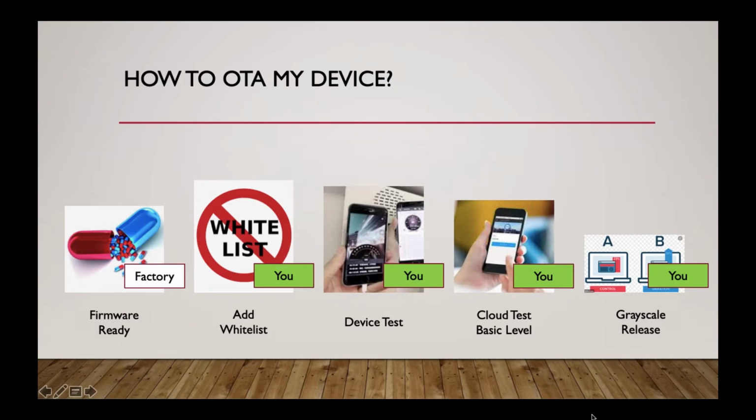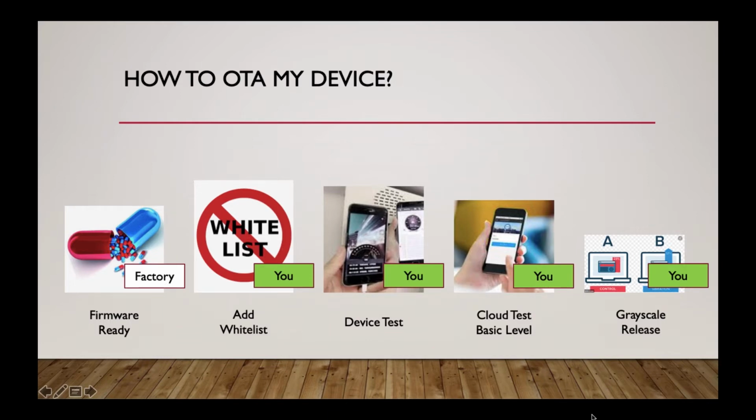It's a unique function of Tuya. After you confirm the test on the IoT platform, you can start a Grayscale release, which is a fantastic function. I will present it to you later.